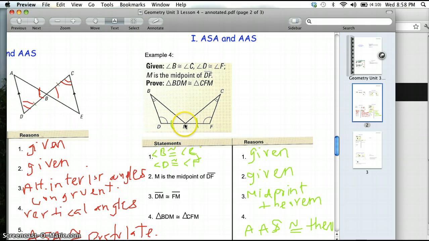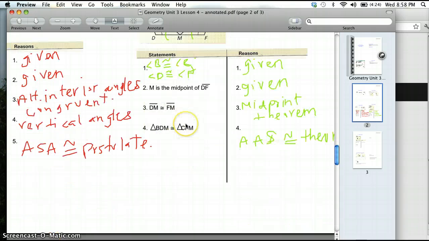Now, DM is congruent to side FM because of the midpoint definition. And remember that if M is the midpoint, then that means it cuts it in half, which means that DM has to be equal to FM. So now we can prove that triangle BDM is congruent to triangle CFM because of the angle, angle, side congruence theorem.